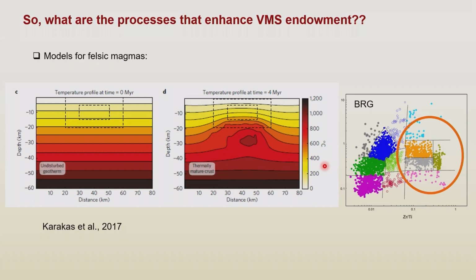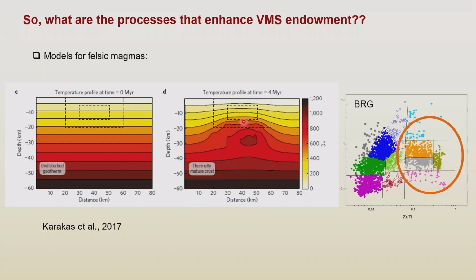So you have the chance to thermally mature the crust, because you might be injecting magmas into the crust that are being stored in a middle crust magma chamber, let's say, that might modify all these isograd temperatures that might be rising. More recent numerical models suggest that in order to have this thermally mature crust, you need at least 4 million years.